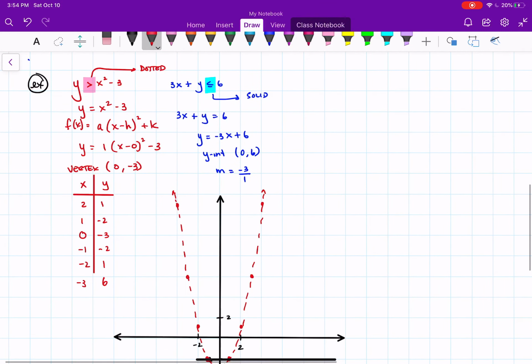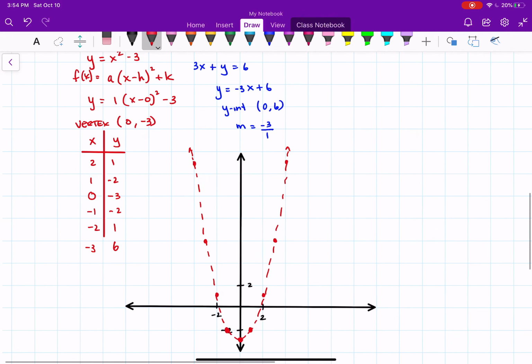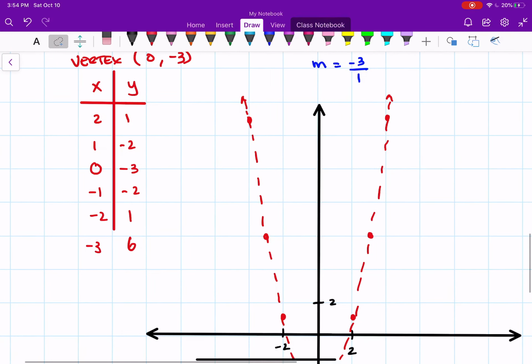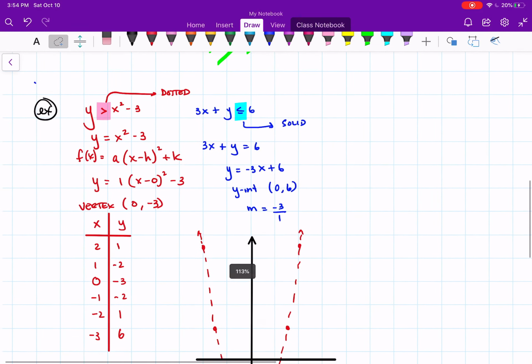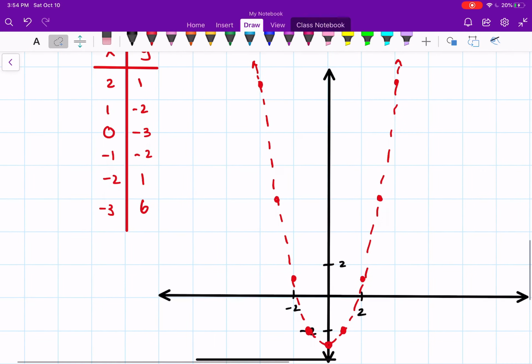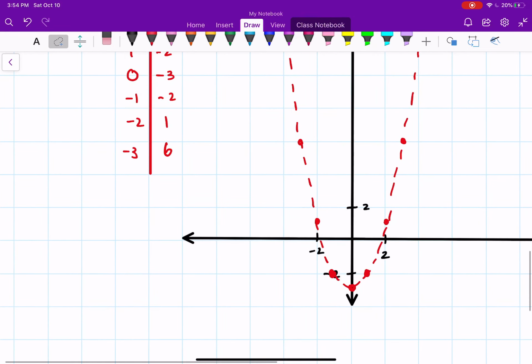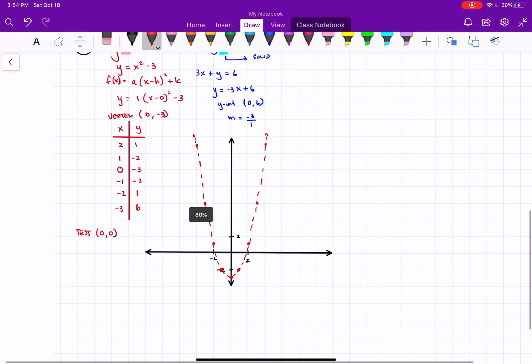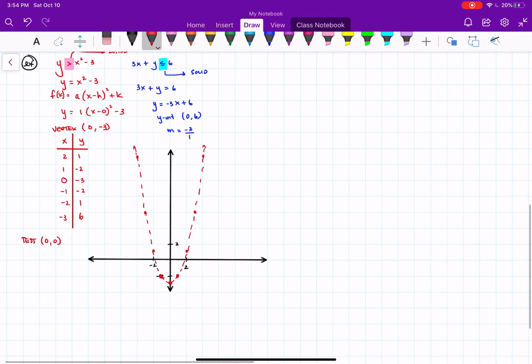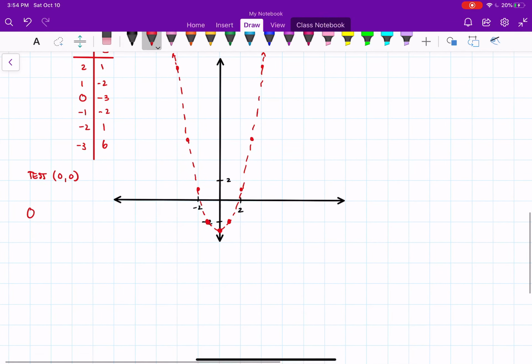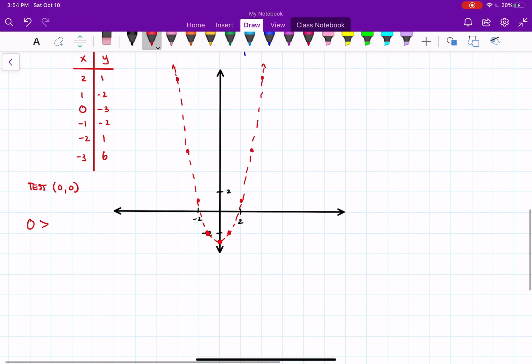Now, we can also test this to see which way it is shading. So let's take a look. 0, 0 is available. So let's test 0, 0. So the question is, is 0 greater than 0 squared minus 3?